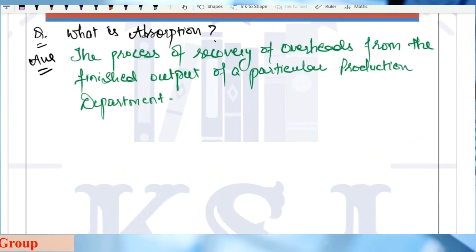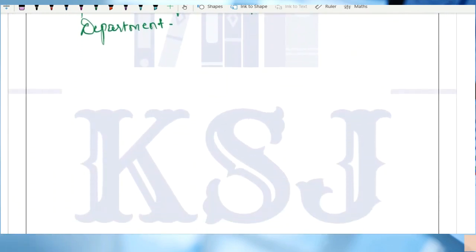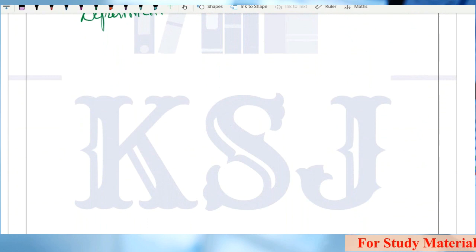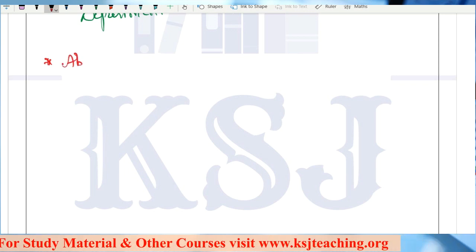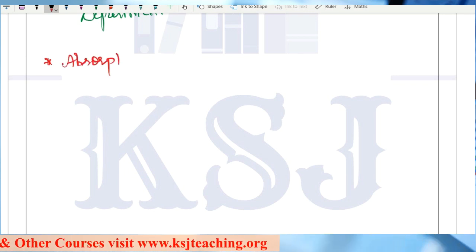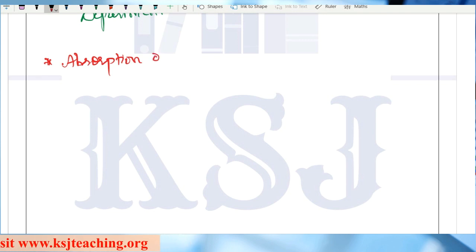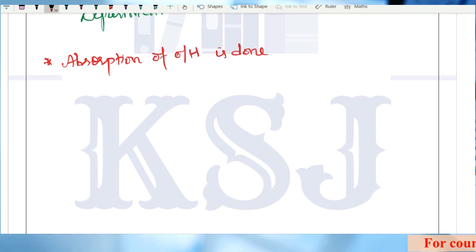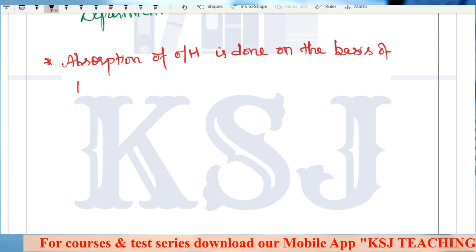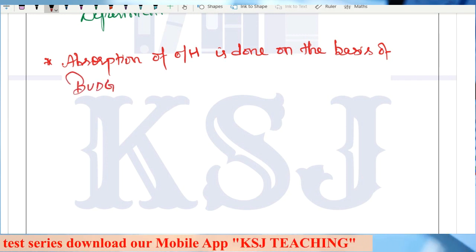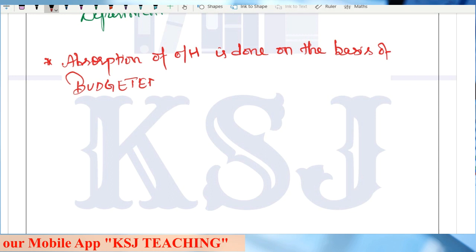The first thing you need to understand is that absorption of overheads is done on the basis of budgeted data.